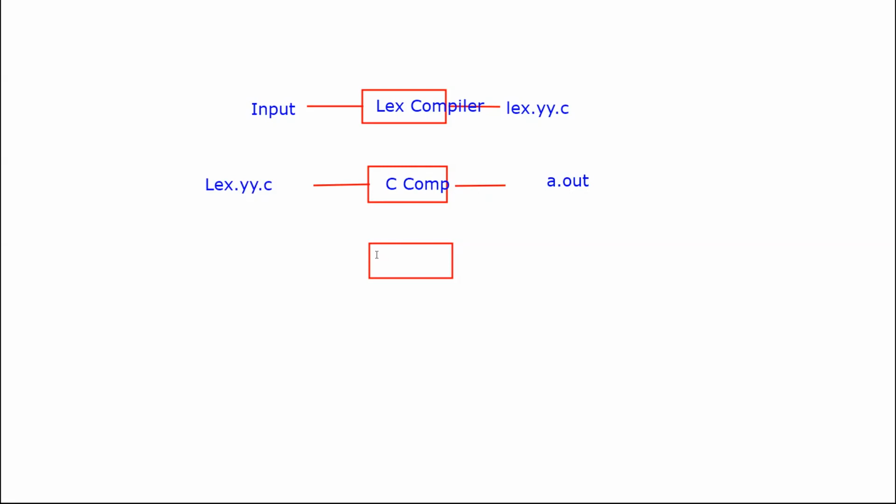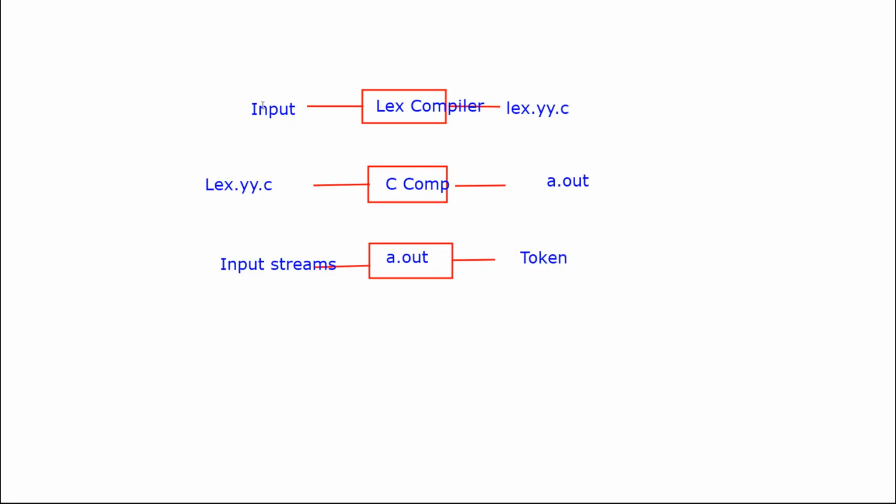The third step is a.out: you provide the input streams and you get the corresponding tokens.